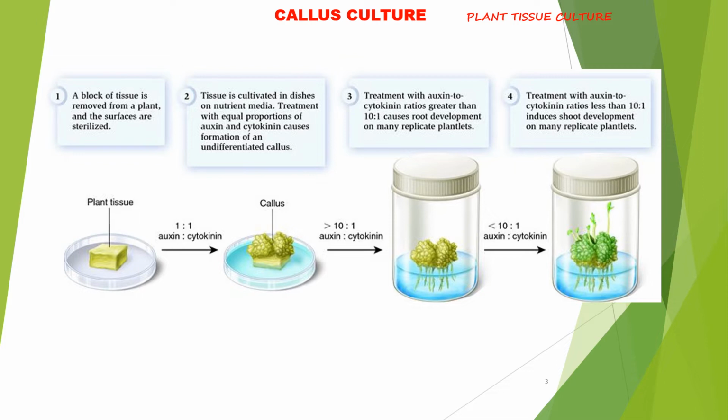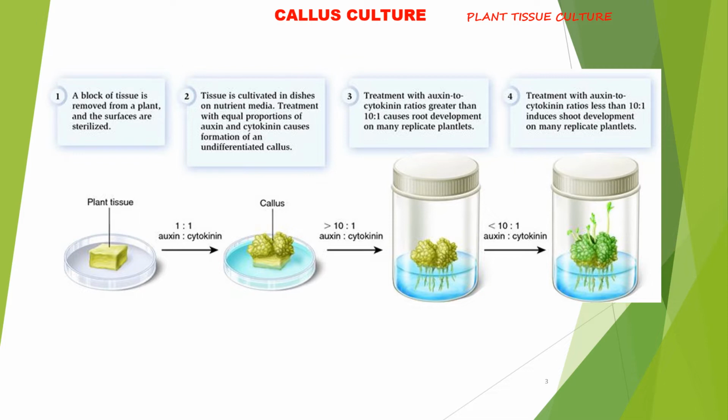Later, increasing the concentration of auxins to cytokinins leads to root production. Further, an increase in the ratio of cytokinins to auxins leads to the production of shoots. This is known as indirect organogenesis.